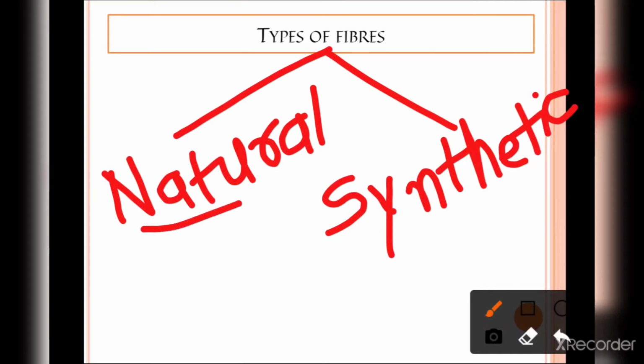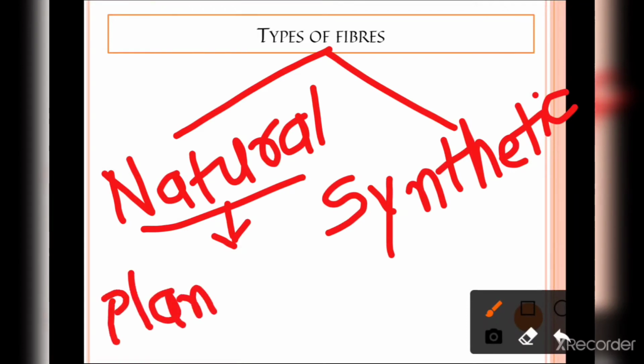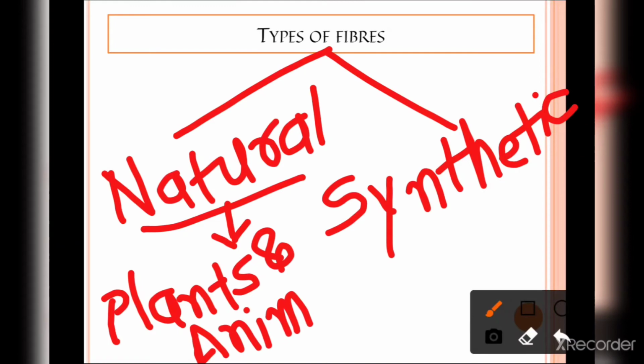Now what is natural fiber? Natural fiber means the fiber which is obtained from nature. मतलब nature में से आपको जो fiber मिलता है that is called natural fiber. Or you can say it this way, the fiber that you get from plants and animals are called natural fibers.